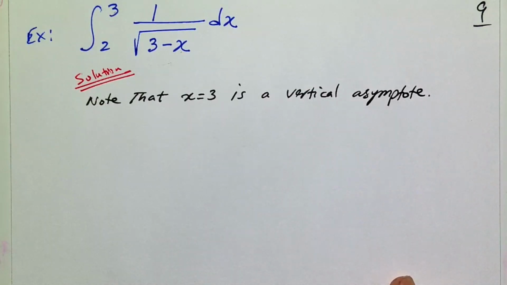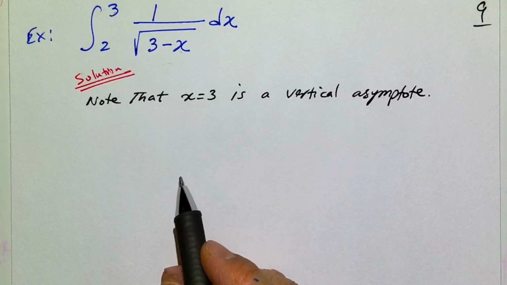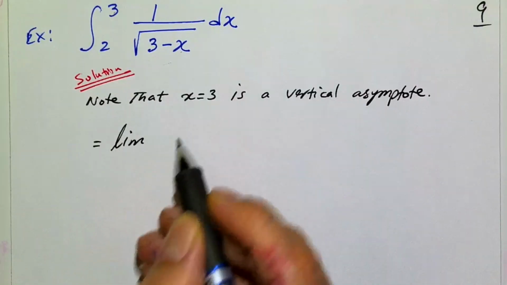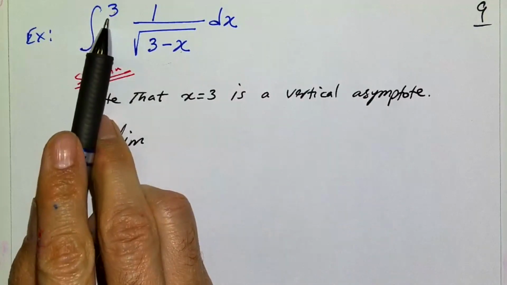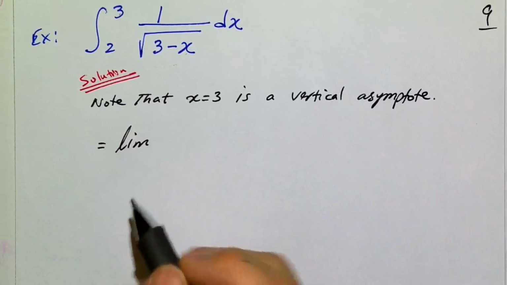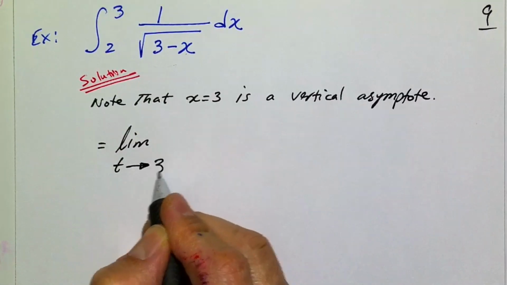So now we take the limit as t approaches that vertical asymptote, so as t approaches 3.